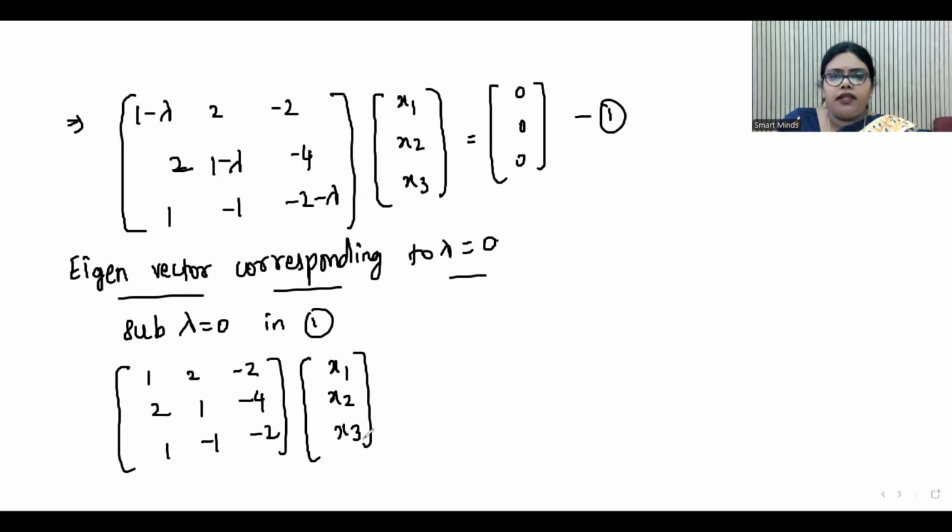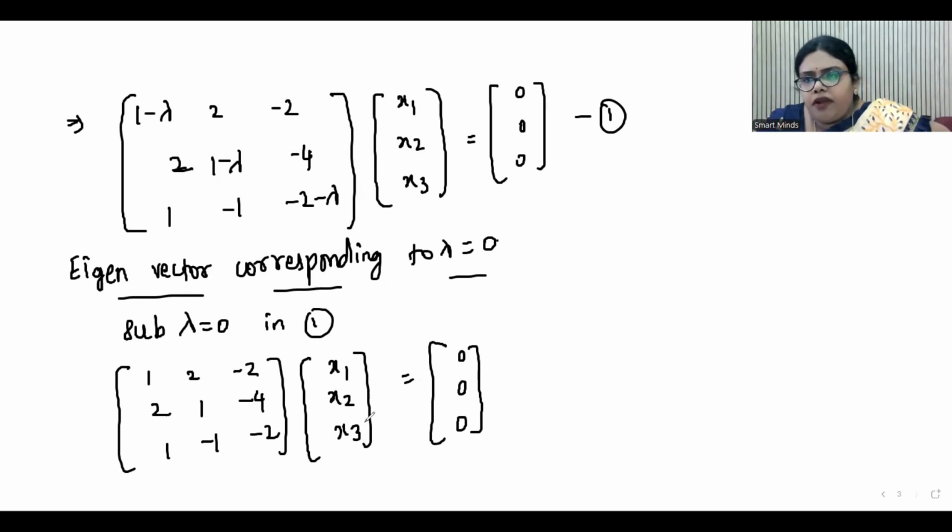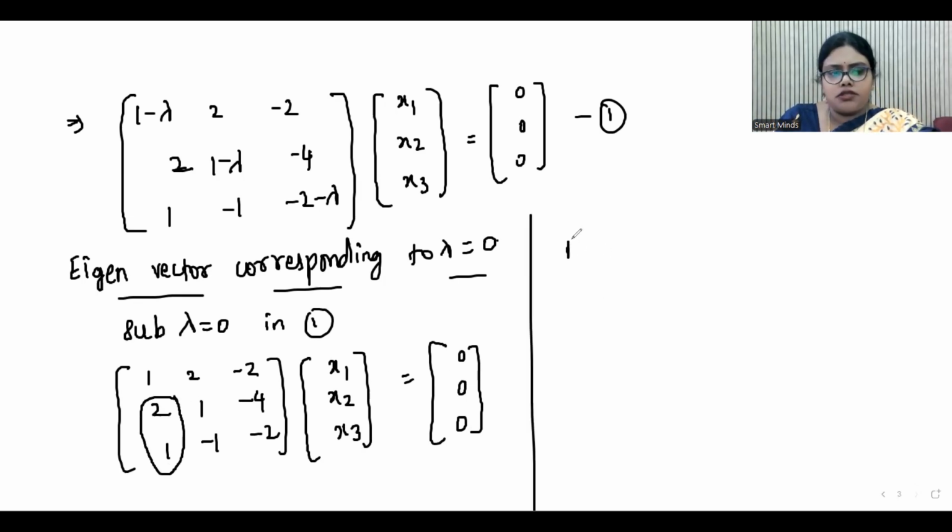Now to simplify this, the elements of the A matrix below the first row should be 0. Then only we can simplify the equations. So we need to apply row operations here. Let us make these two zeros. So how can you make these two zeros? R2 is R2 minus 2R1 and R3 is R3 minus R1.